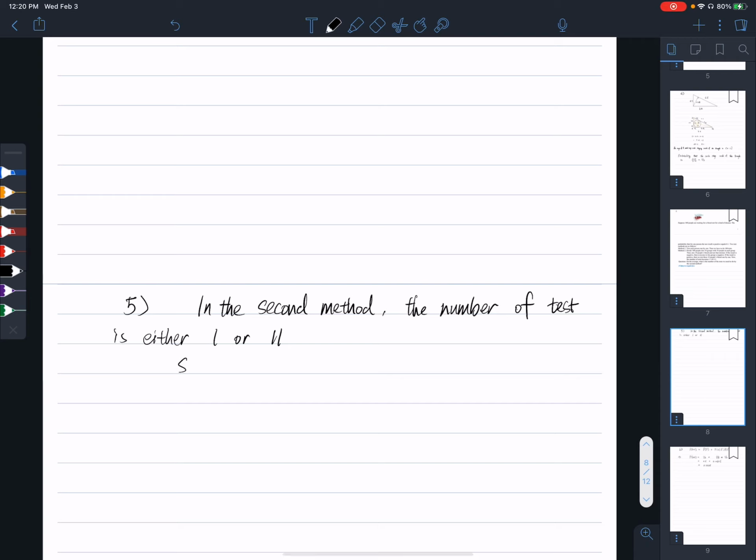So set x as the number of tests for each group.